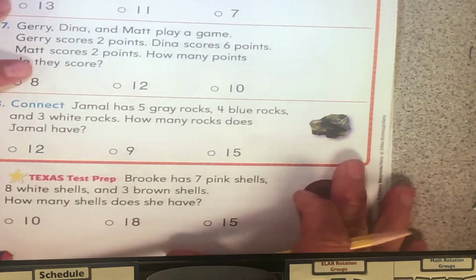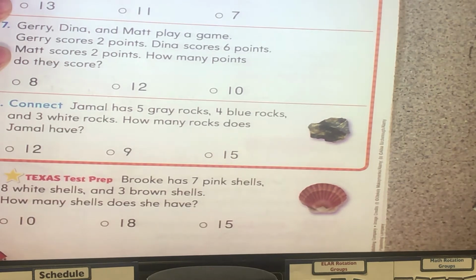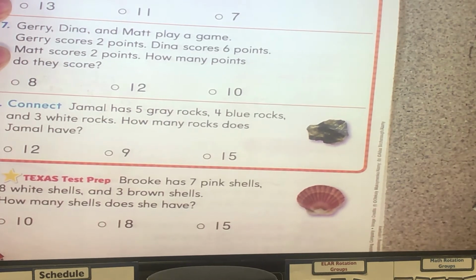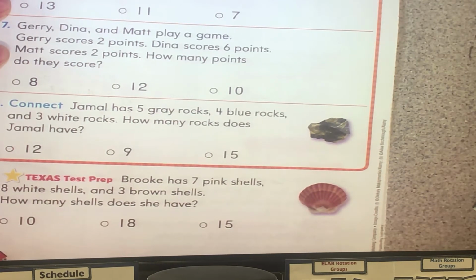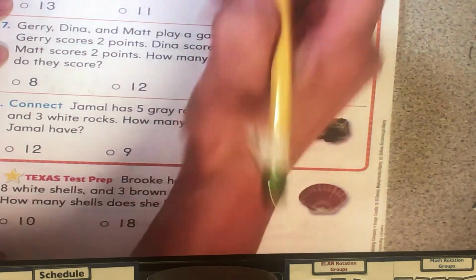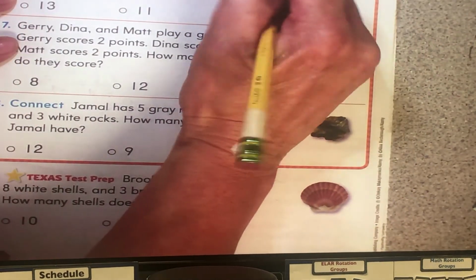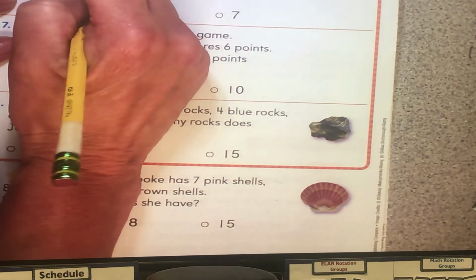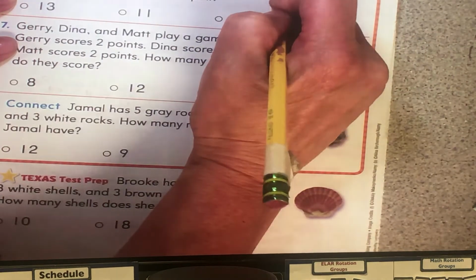There we go. Choose the correct answer. There are 6 stones in the pail. Lisa puts 5 more stones in the pail. Then she puts 2 more stones in the pail. How many stones are in the pail? Well, what information am I given? I have 6 stones in the pail, 5 more put in, 2 more stones put in.